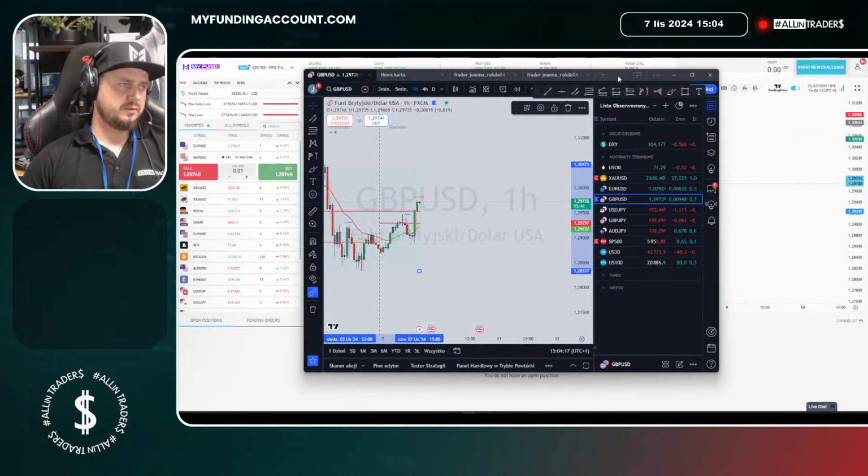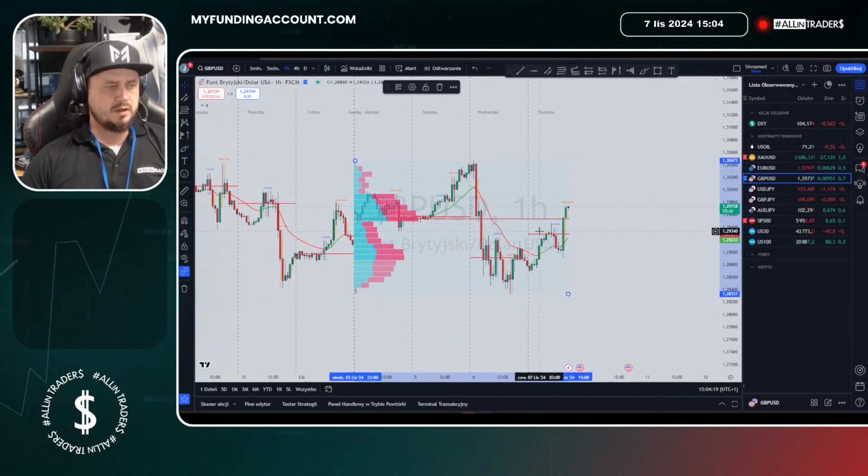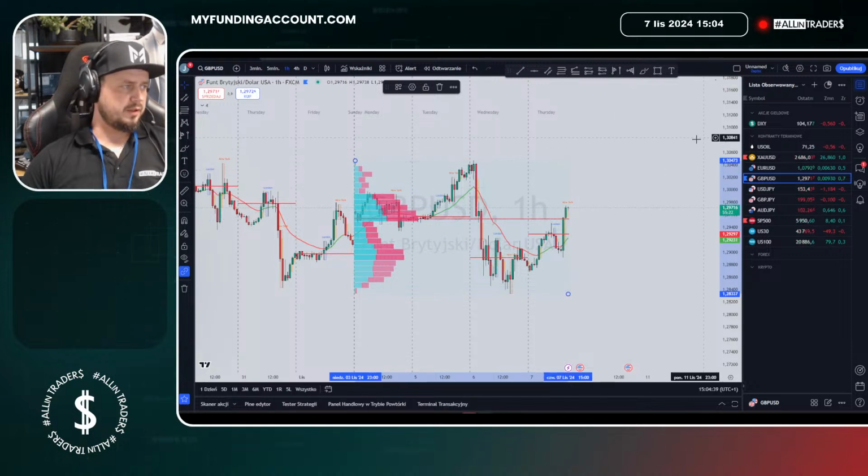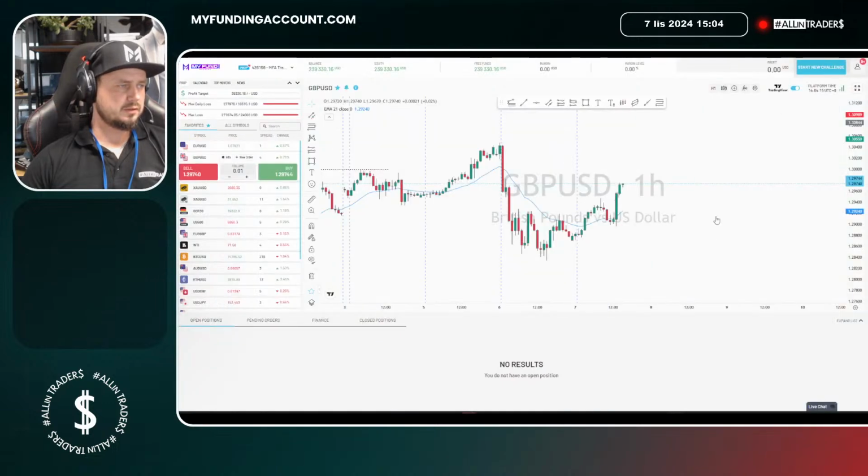I'm looking for a high volume edge, but there was no reaction at this level. This is a high volume edge from the whole week, starting from Monday. There's no reaction, but a little bit higher we got some imbalance. So we might get to that imbalance, and after we might have our chance.